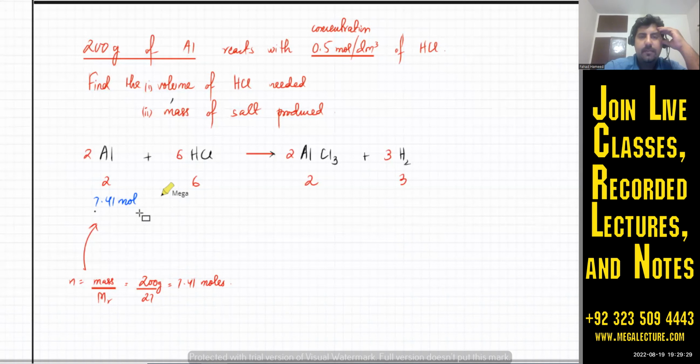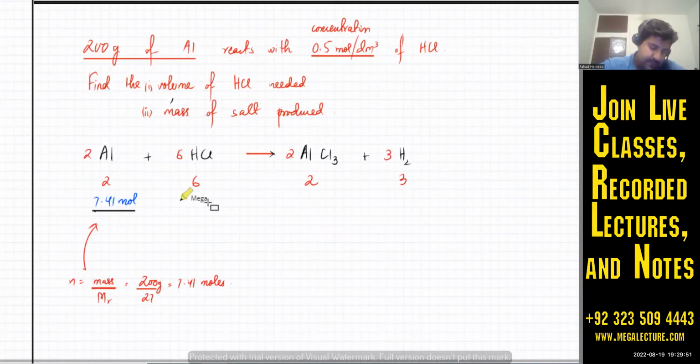So the next thing I got to do is, if I know the moles of one thing, I'll be able to know the moles of everything. So I know the moles of aluminium, right? So use ratios: 7.41 divided by 2 times 6. I'll find the moles of this thing. So I'll just do that.